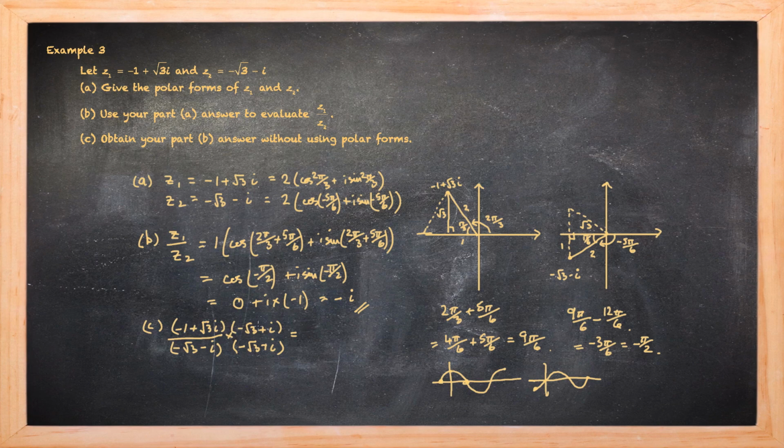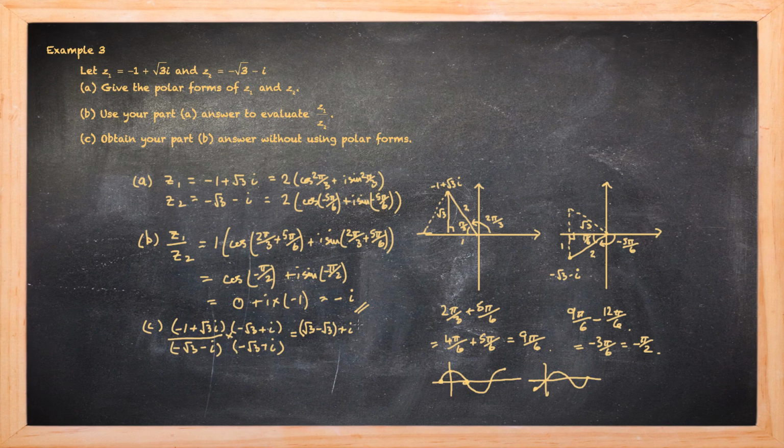So the real part of this product will come from the firsts, which is negative 1 times negative root 3, and the lasts. Now that's positive root 3i squared, which is negative root 3. So there's the real part. And the imaginary part will come from the insides and the outsides. So the inside two give us negative root 3 times root 3, that's negative 3i plus negative 1i.